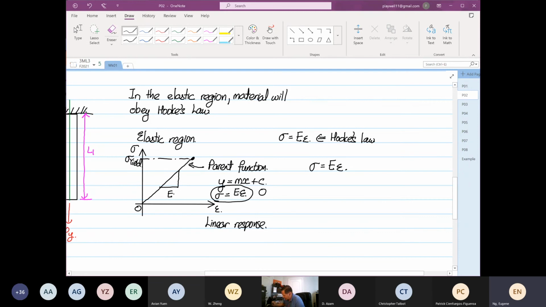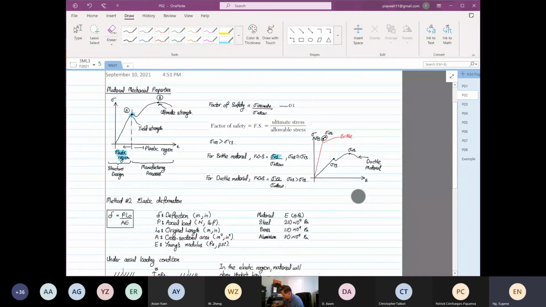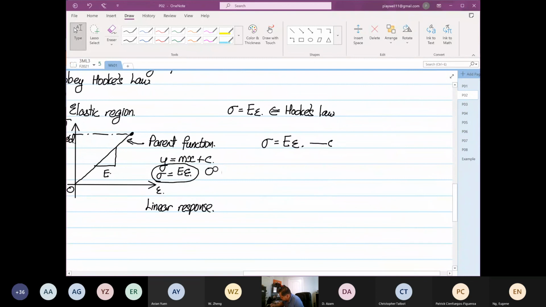That is what we have. I'm going to call this equation number 2.